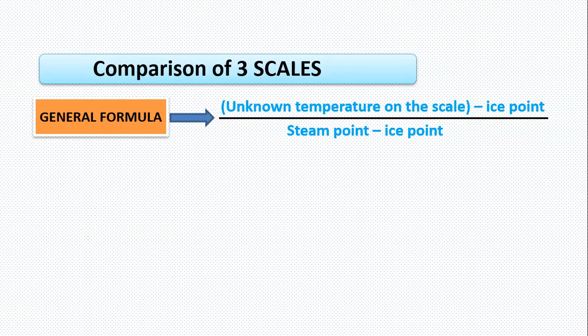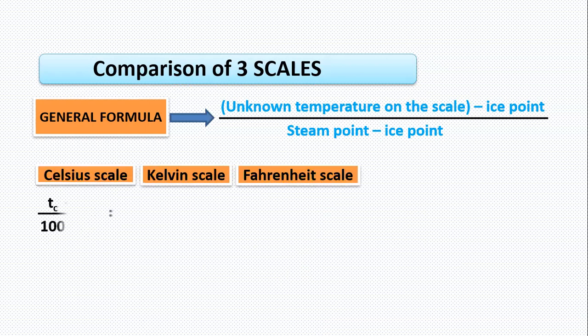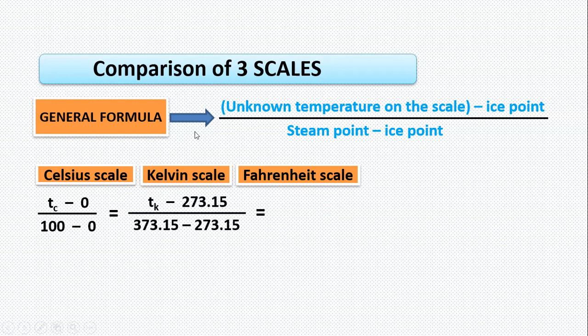For the Celsius scale, you have to write Tc minus 0 upon 100 minus 0, because Tc is the unknown temperature in Celsius, 0 is the ice point, and 100 is the steam point, or boiling point of water.